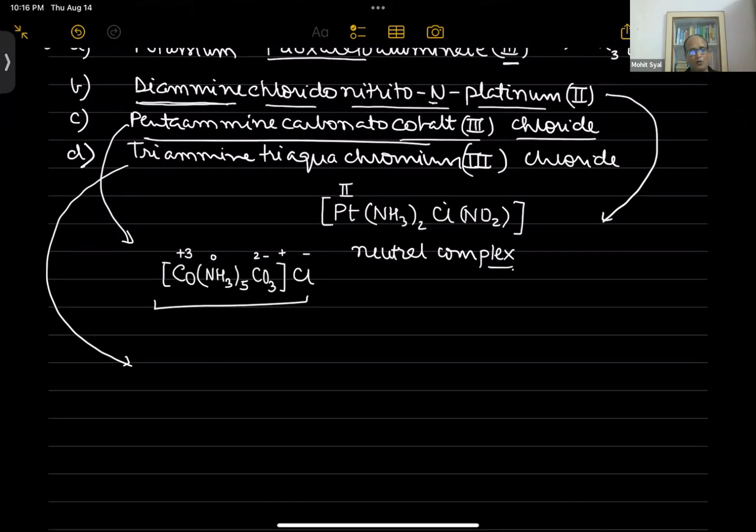Triamine triaqua chromium 3 chloride. So this is the cation, and the metal ion is chromium +3. You don't write the charges in the formula. Got it?